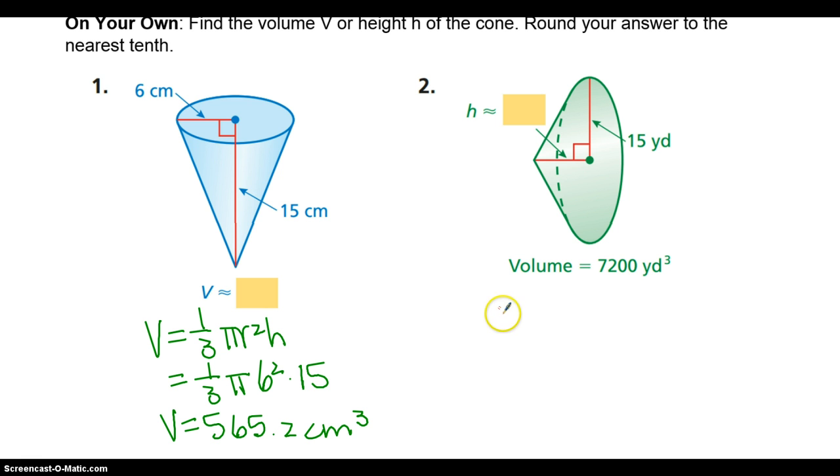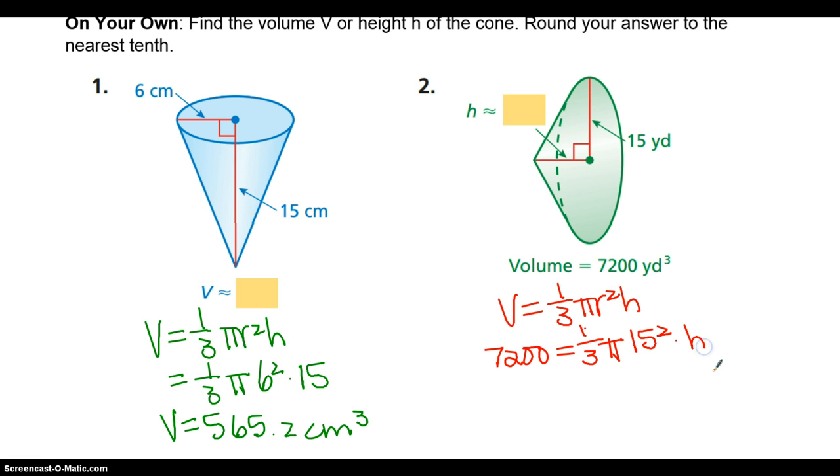On this next one, they give me the volume. So volume is equal to 1/3 pi r squared h. So 7,200 is equal to 1/3 of pi. My radius is 15 squared, and I'm trying to find my height. If I take 1/3 and multiply by 3.14 and multiply that by 15 squared, I get 7,200 is equal to 235.5 h.